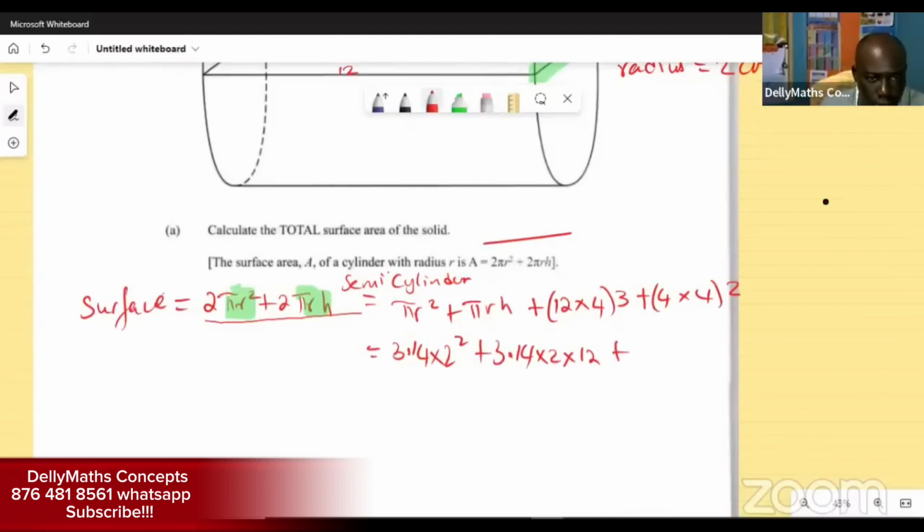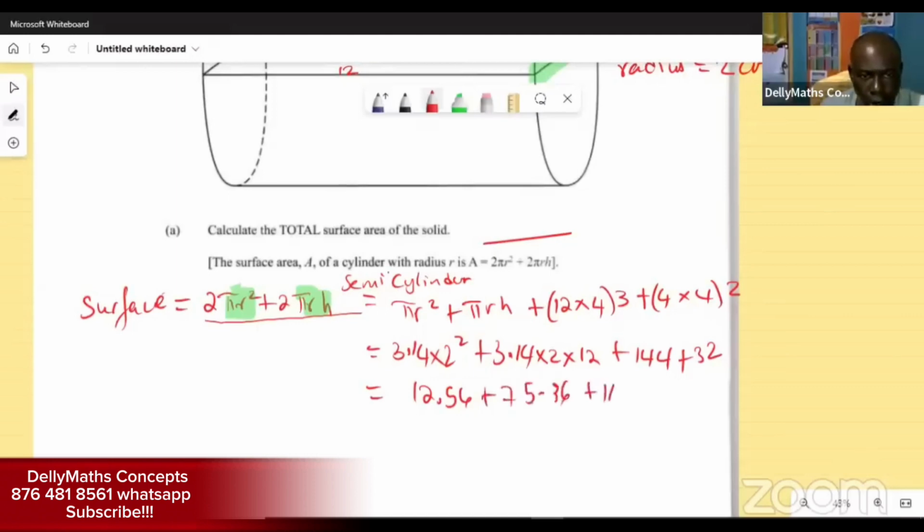12 times 4 times 3, that's 144. 4 times 4 times 2 will give me 32. This front piece, 3.14 times 4 is 12.56. The next piece, 3.14 times 2 times 12, and I'm getting here 75.36.